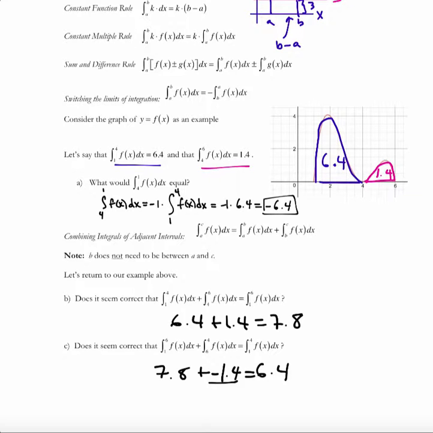Oh, you know what? That makes a whole lot of sense, right? Because this should be negative 1 multiplied by this, negative 1 times 1.4. So an interesting scenario here: 1, combining these integrals of adjacent intervals, and 2, the idea of having a definite integral evaluate to a negative number. All right, let's make our way to the next page.